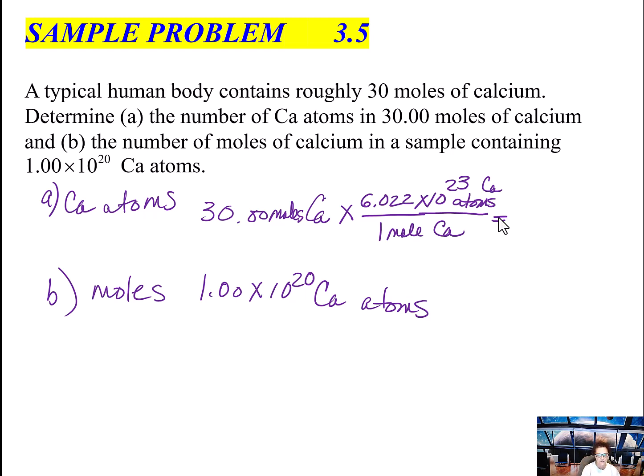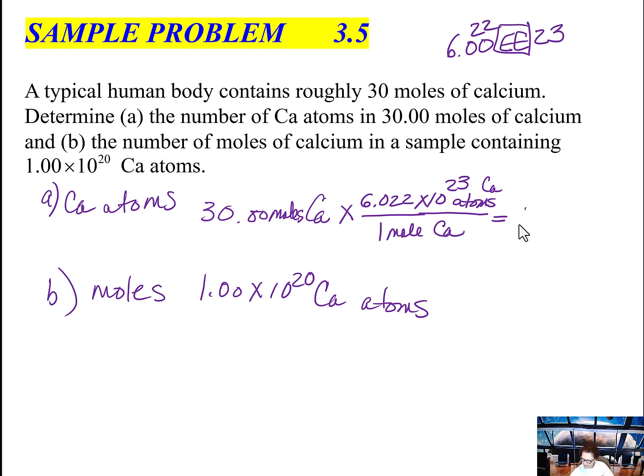If you have a calculator that has an EE key, enter Avogadro as 6.022 EE 23. That's calculator language for times 10 to the 23rd, and that saves you all kinds of grief about using the proper parentheses.